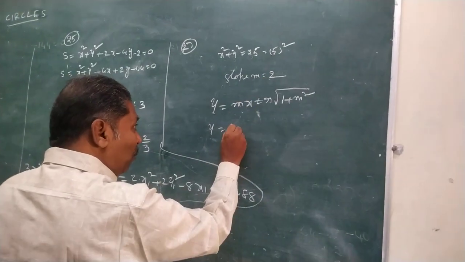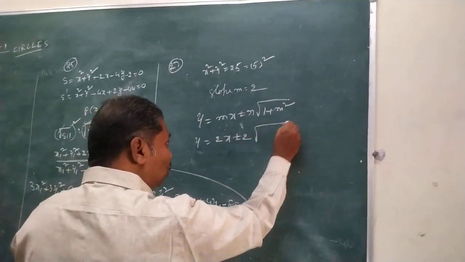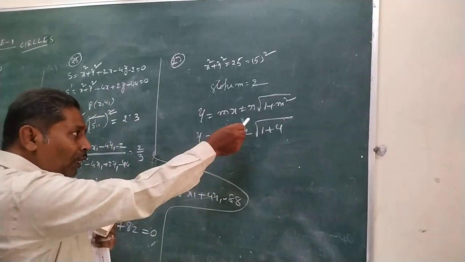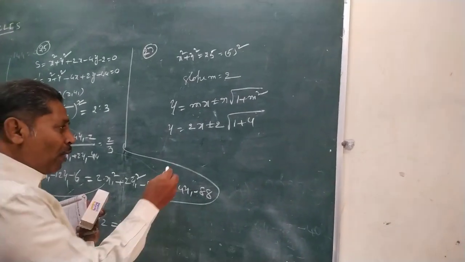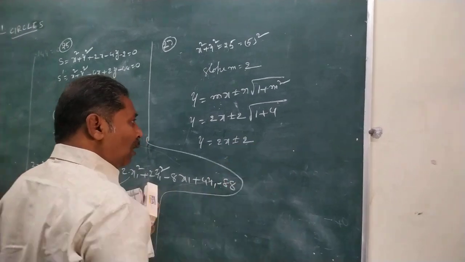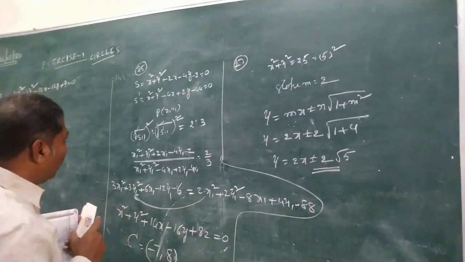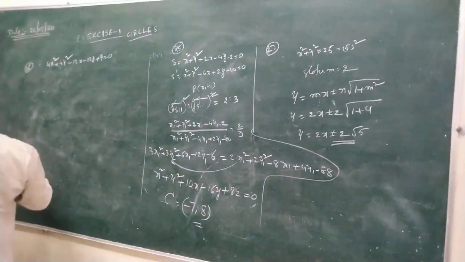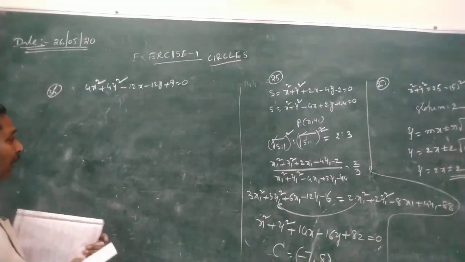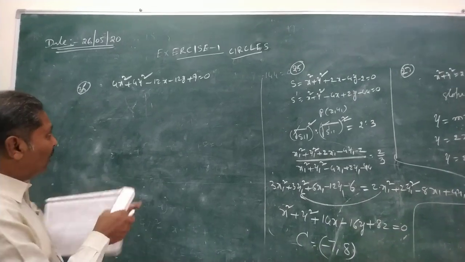Given m value 2, r value root 2, into root of 1 plus 4. So finally we get y equals 2x plus or minus 2 root 5. Next, bit number 35. We want where this circle touches the coordinate axis.